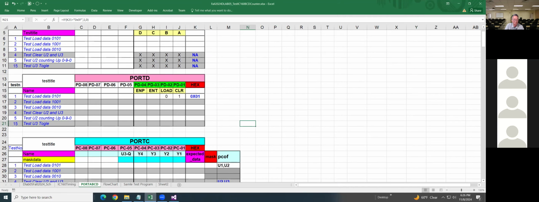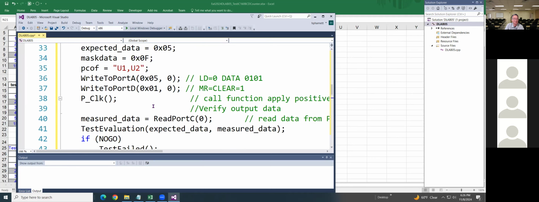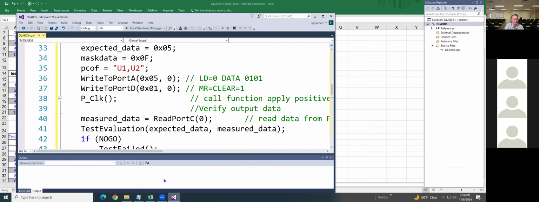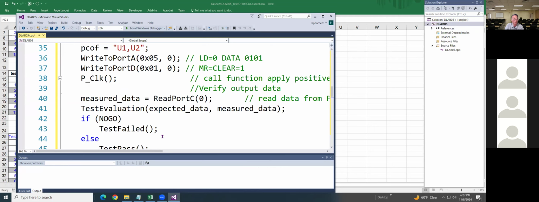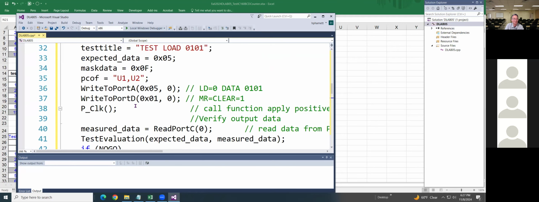Okay, now in here, expect data, math data, U1, U2. So if you want to do test number 2, copy test number 1, right? Just change whatever needs to be changed.